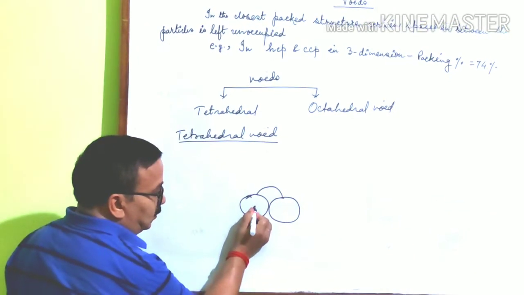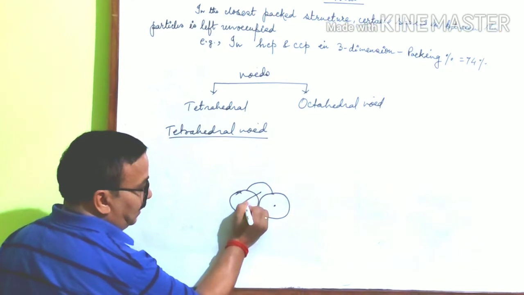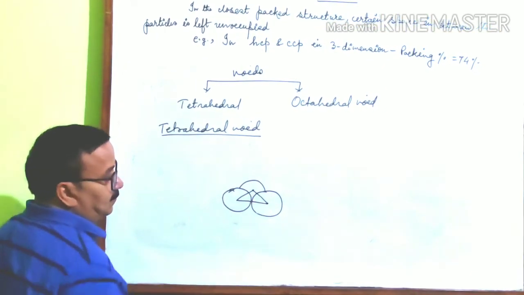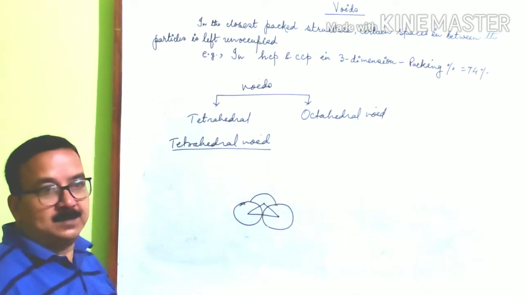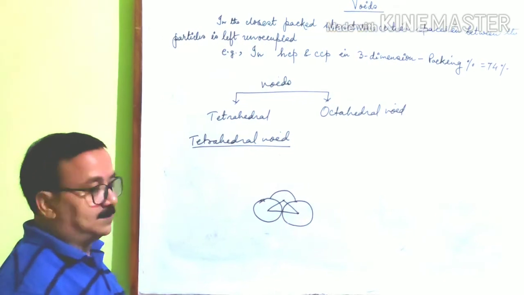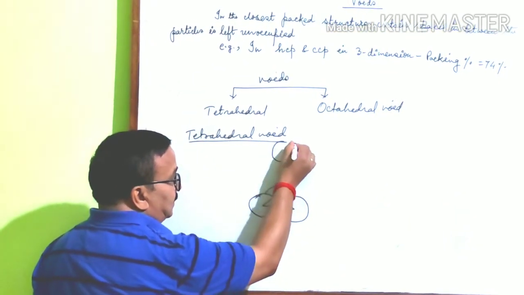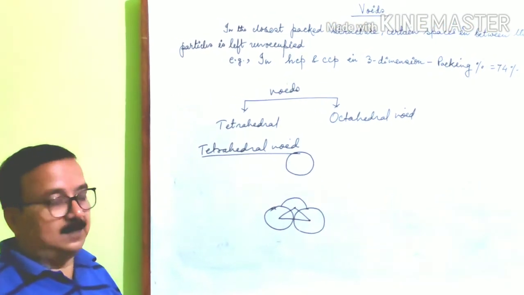Now, if we join the centers of these spheres, then we find that a triangular base is obtained. In between these 3 spheres, there is a vacant space. Now, a 4th sphere is taken here, which is placed in the second layer.